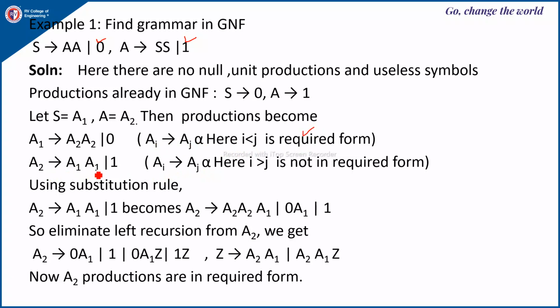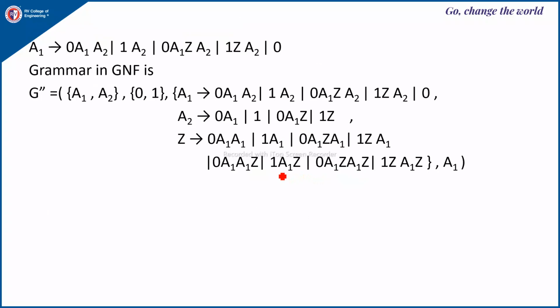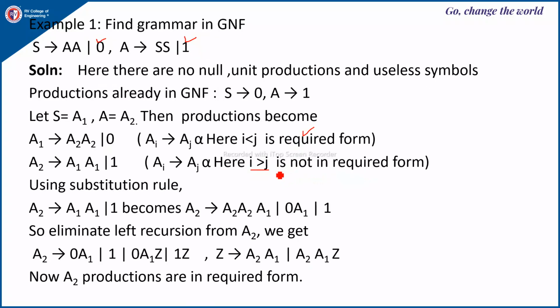Now here A2 derives A1 A1. So Ai derives Aj alpha, where here i is greater than j, which is not in the required form. So we have to consider this production and get it into the required form. Using the substitution rule, only for the first variable I'll be replacing it by the A1 production.